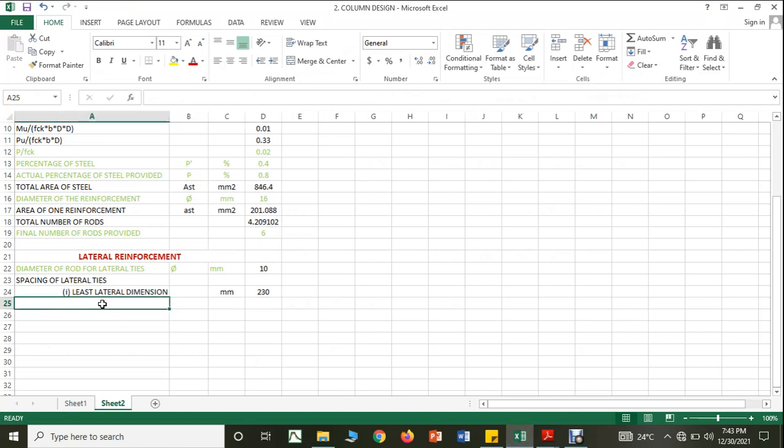The second will be 16 times the diameter of the main reinforcement.